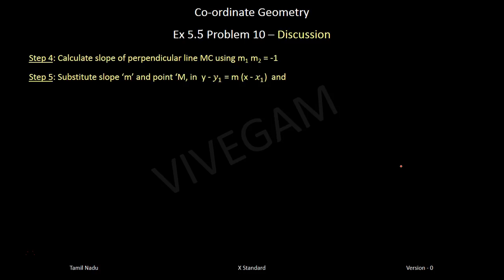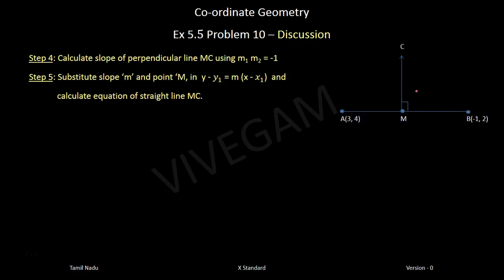Now we have the slope of AB. So then we can calculate the slope of MC using this principle, m1 into m2 equal to minus 1. Am I right? Because these two lines are perpendicular to each other, the product of their slopes equals minus 1. So if this is 2, this will be minus half. So that way we will be able to calculate the slope of MC.